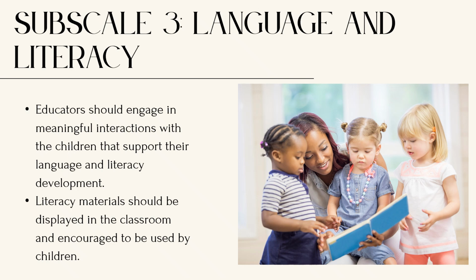Free play or indoor center time and outdoor play are excellent opportunities for educators to model and teach these important social lessons. The evaluator is also going to take a look at how educators use books in the classroom.